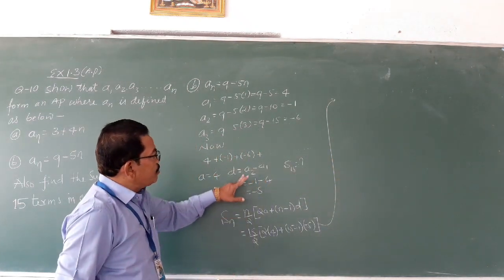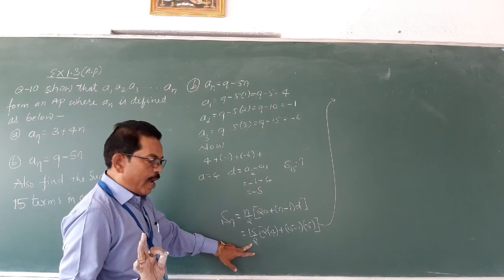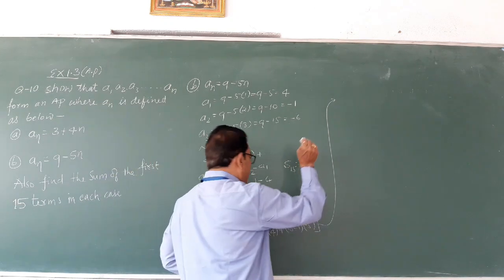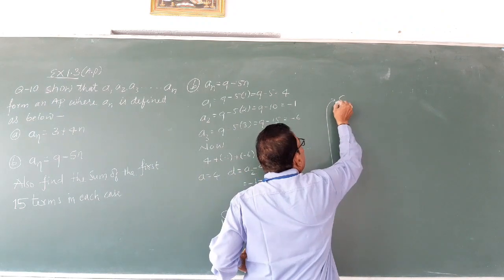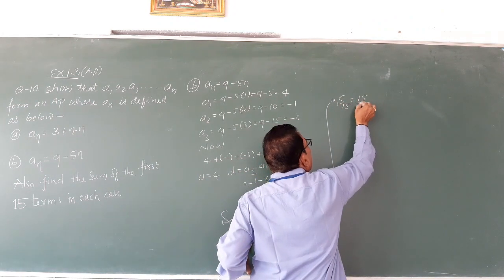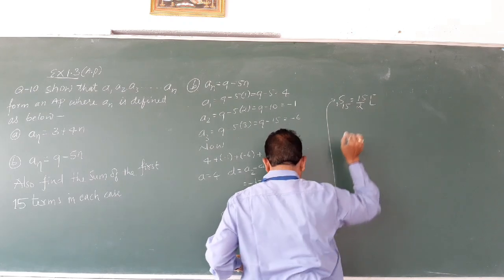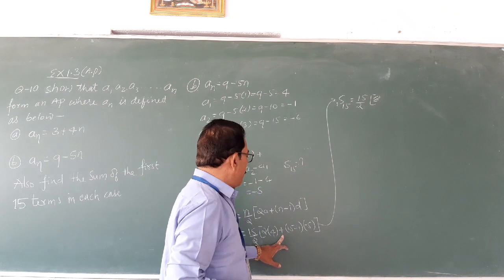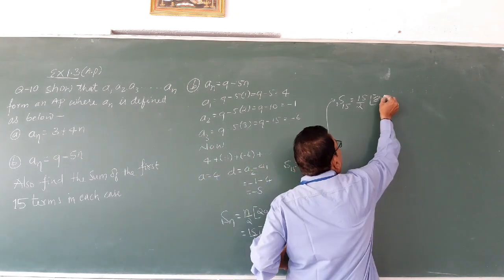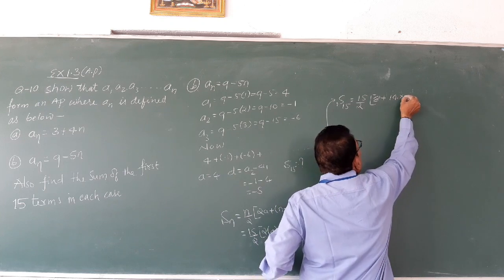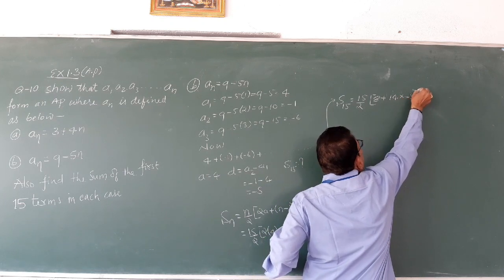See, we have substituted the values. Then we have to simplify the terms carefully. 15 by 2, 2 4s are 8, plus 15 minus 1, 14 into minus 5.